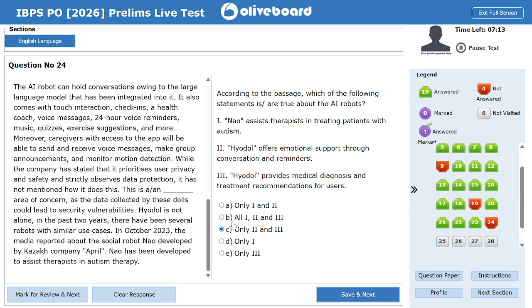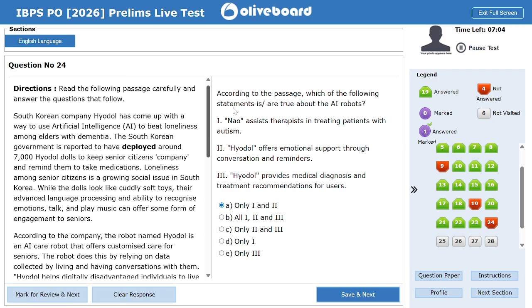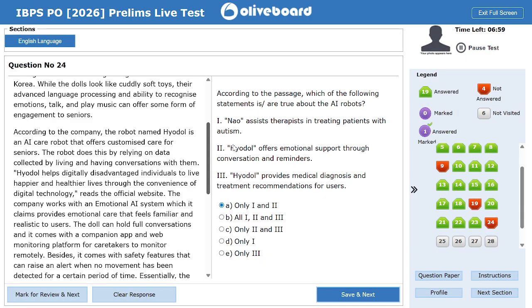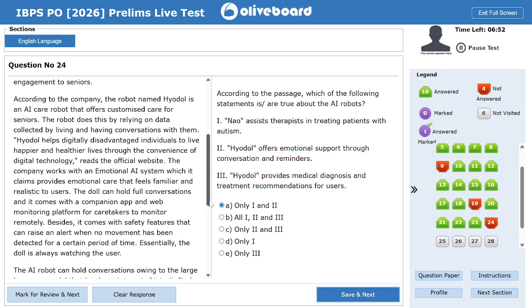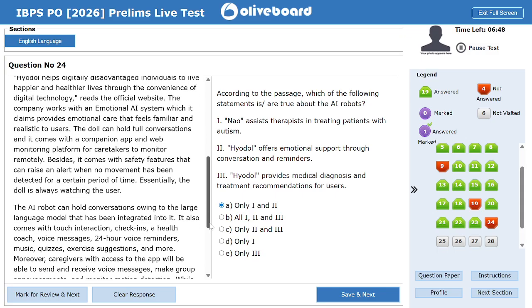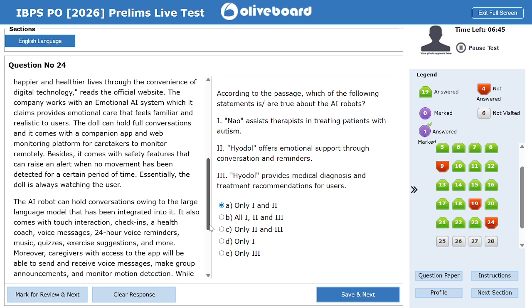Yes. So one. Idol medical diagnosis and treatment recommendation, nahi ye to nahi deta hai. Emotional system provides emotional family, mentally detected. Health coach, medical diagnosis and treatment recommendations.